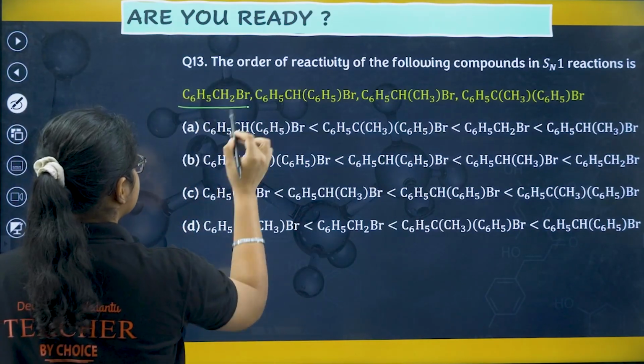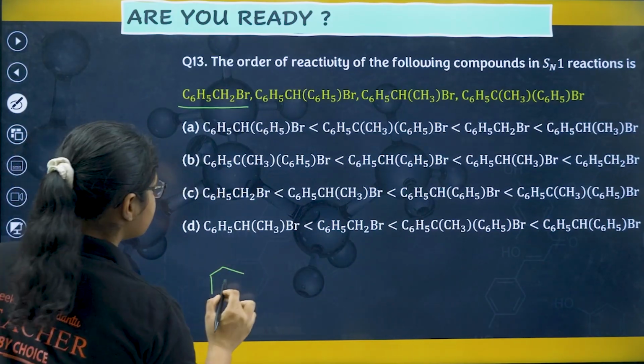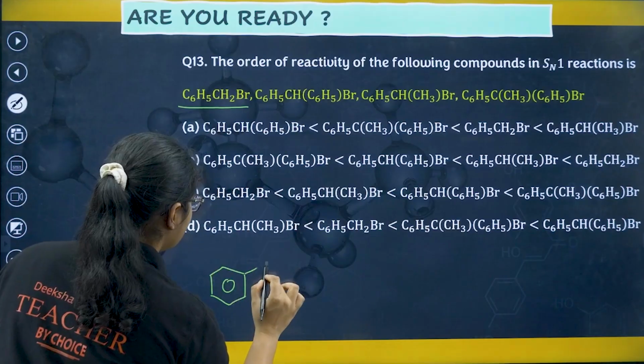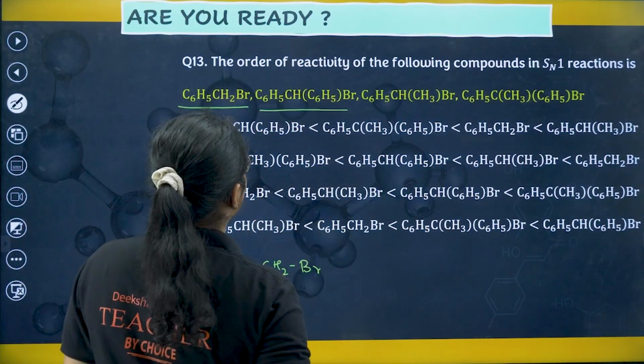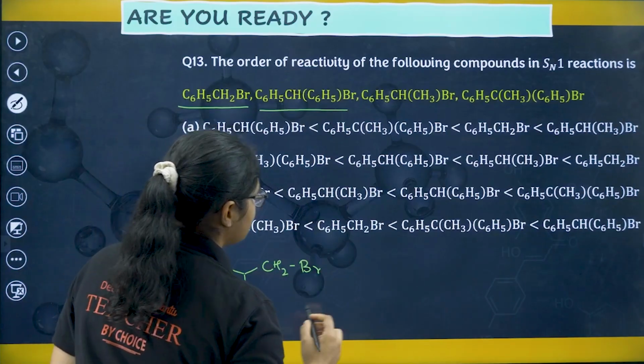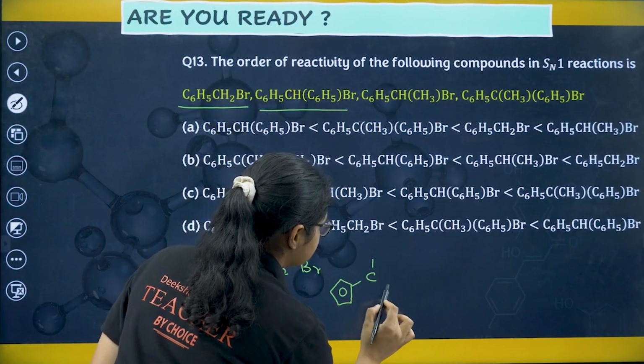So you have C6H5CH2Br. So you have like this in SN1 reaction. The first compound given to you is this one. The second compound is C6H5CH(C6H5)Br. Here you have one C6H5.